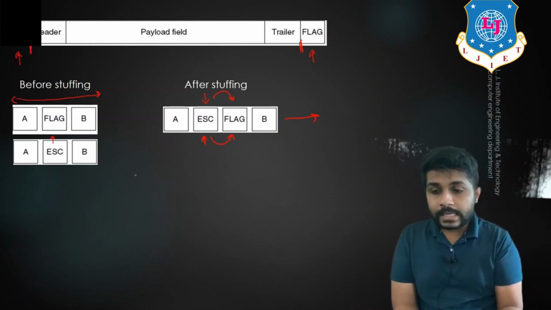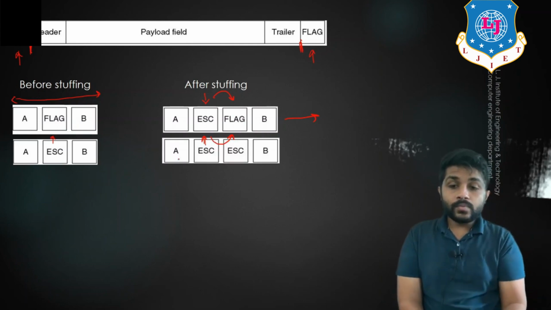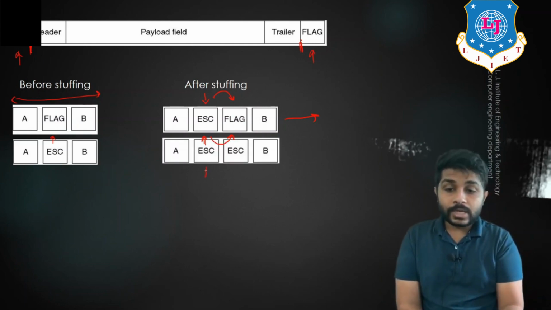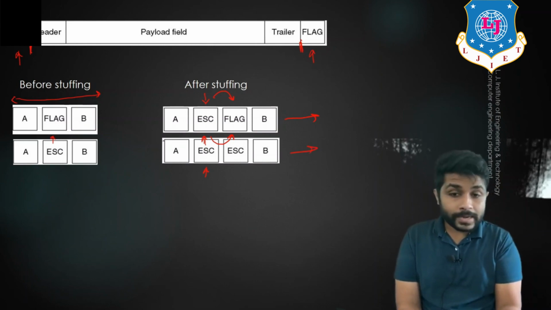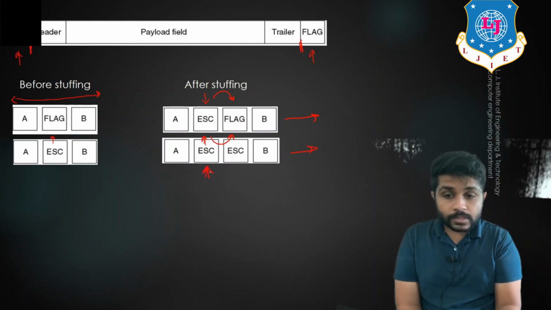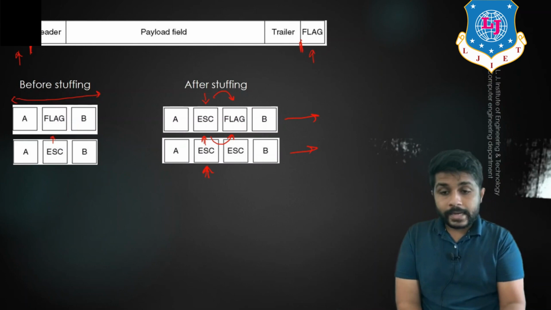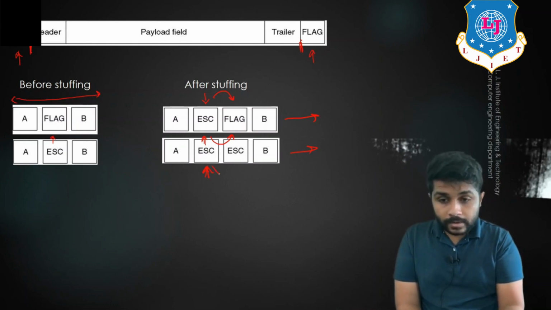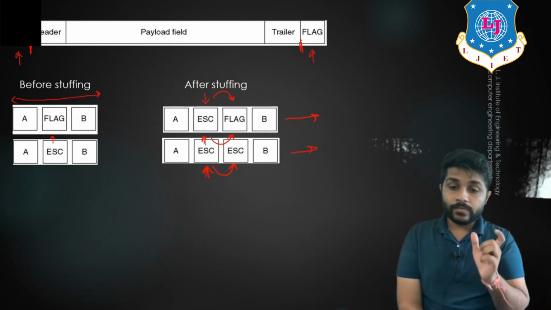So before sending this frame, the sender will add one more extra escape character and then send it to the receiver. Now when the receiver receives the frame and encounters the first escape character, it will remove that escape character and keep the data after it as a part of the frame.